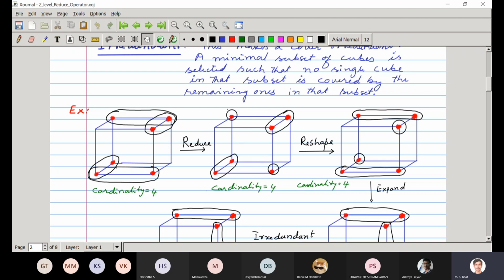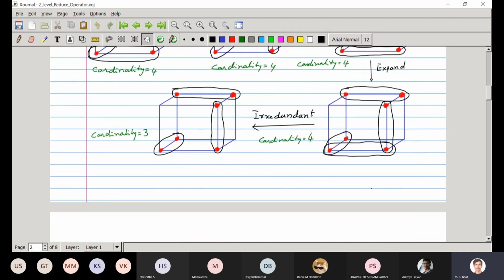But the only thing you need to remember during reduce operation is to have the same cardinality. Here it was 4, here also you should have 4. You cannot reduce so that each onset vertex is a separate minterm. The cardinality should remain the same.